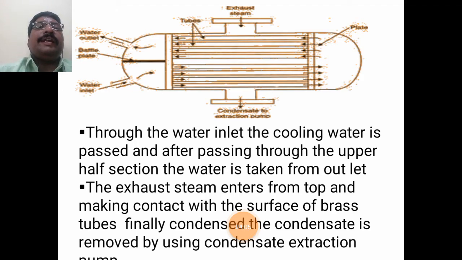Whenever it touches the surface, condensation happens, and the condensate flows in the downward direction. Hence we call it a downward flow type surface condenser. Here the condensate is removed by means of a condensate extraction pump.